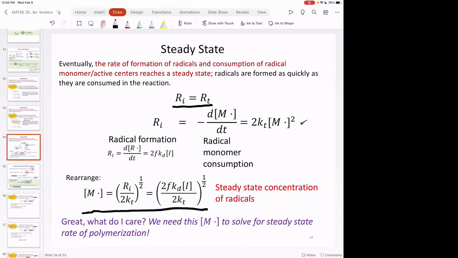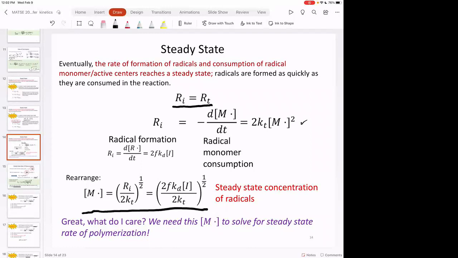We control the concentration of monomer by just putting whatever concentration of monomer in the reactor, right? I add 5 molar monomer or I add 10 moles per liter monomer. That's a variable that you have control over because you have a bucket of monomer that you pour in there.